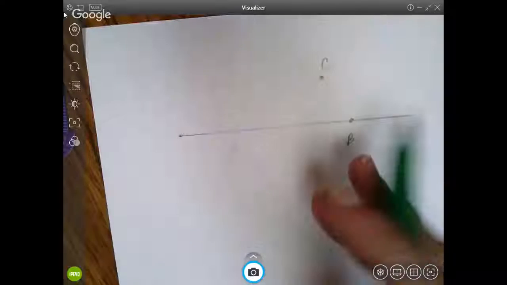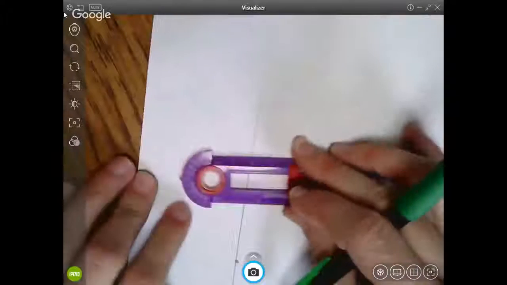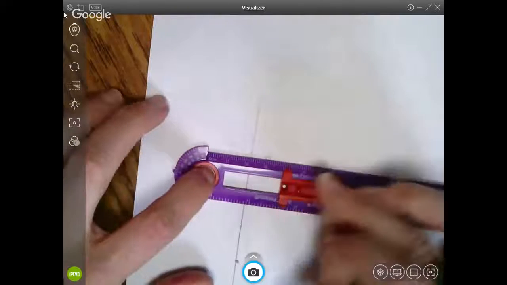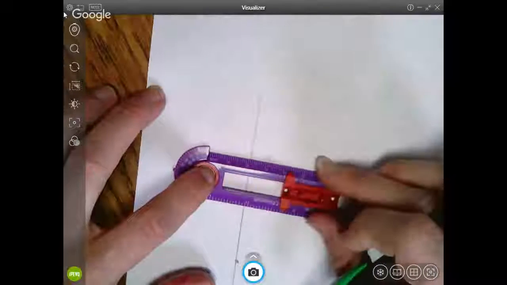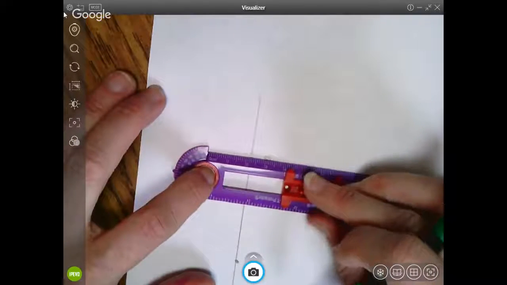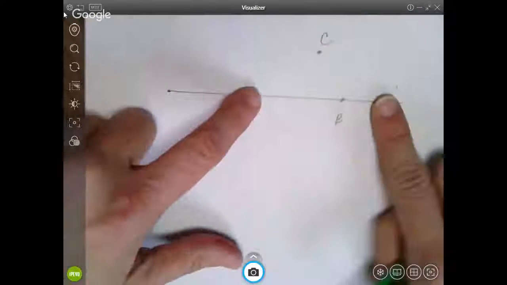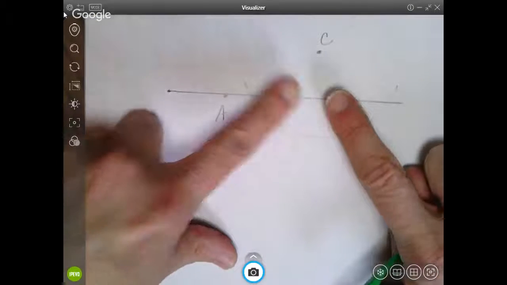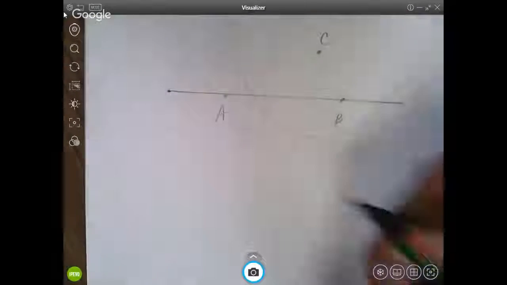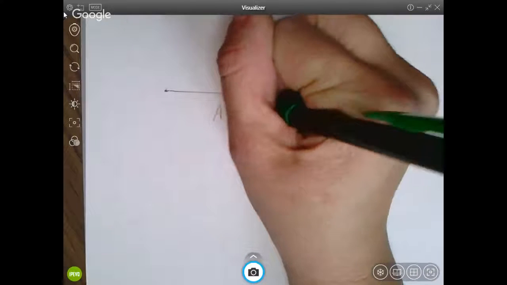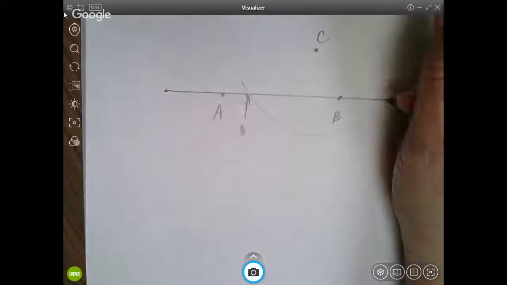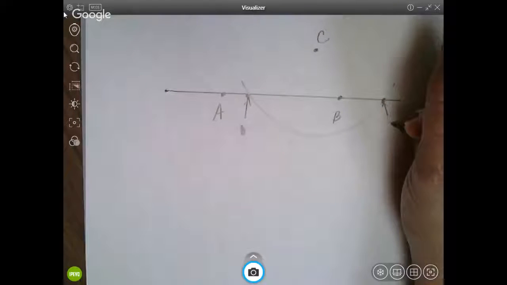So the way that you do it first is from point C, you're going to move your slider past the line, and then you're going to make an arc. Now, it's okay if your arc goes on either side of B. It's okay if your arc is on the inside of B. It doesn't matter. But what happens is these 2 points right here are now our money points. These are the 2 points that we care about.